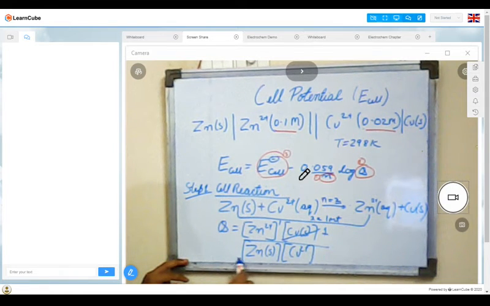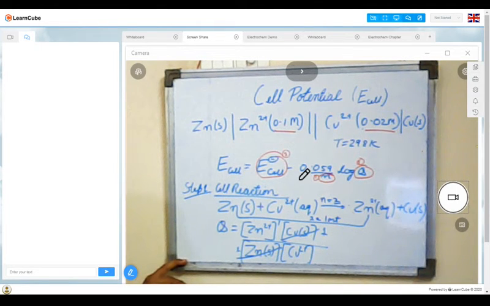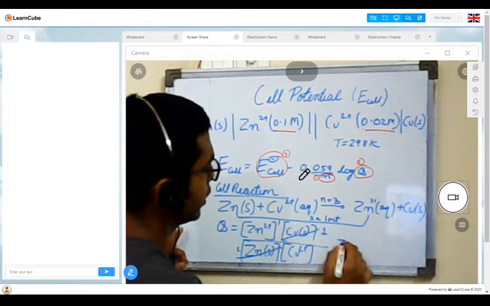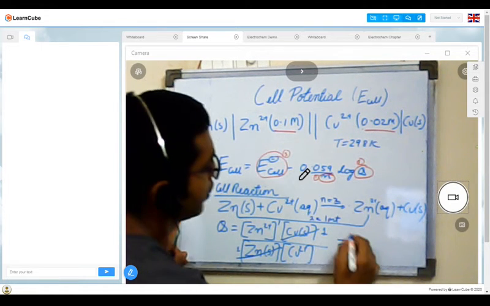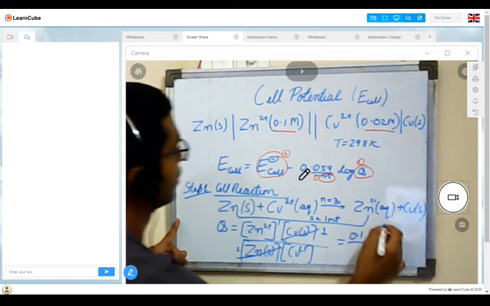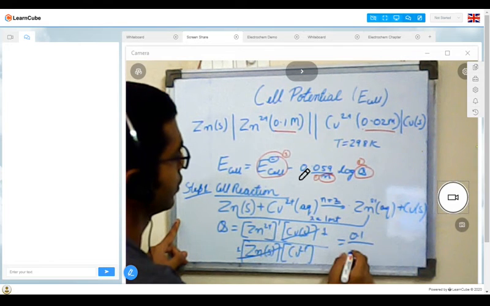We don't take the concentration of solids, it comes in the constant. So the variable part is only the aqueous part, or the pressure part, but since there is no gas, there is no pressure here, we just take the aqueous part. So the Zn concentration is 0.01, and the copper concentration is 0.02.